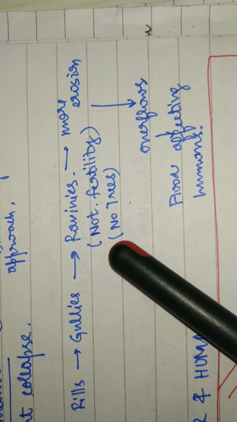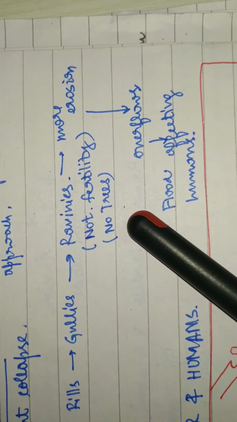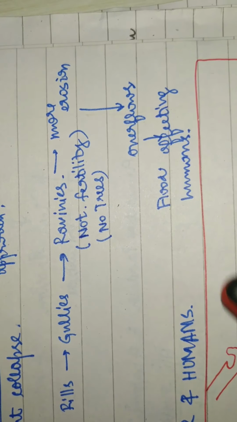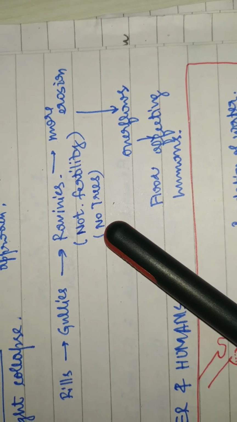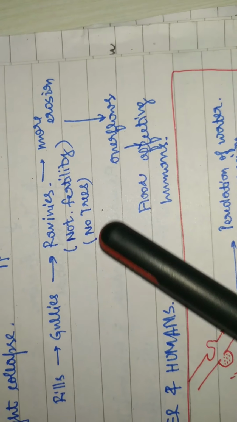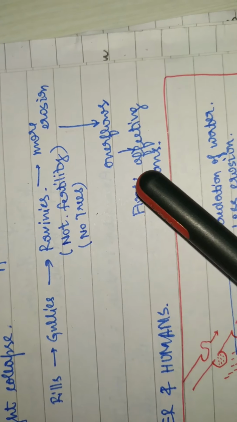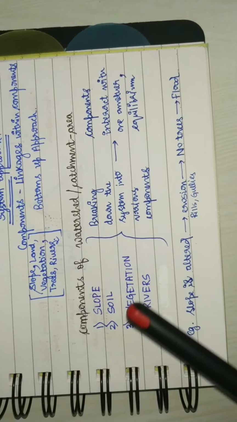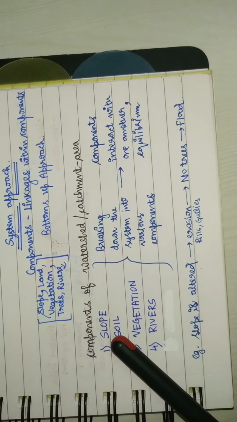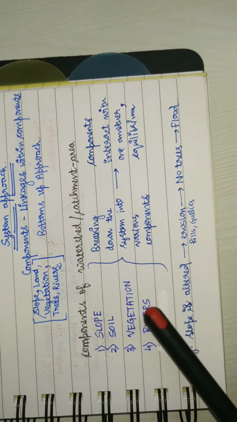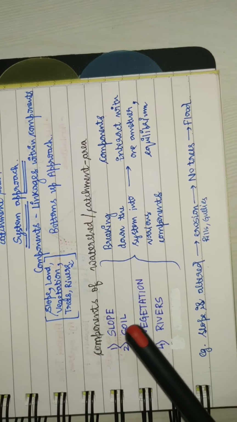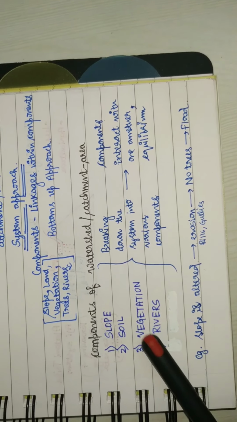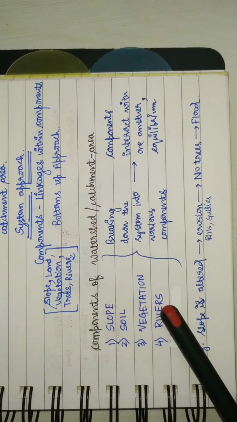And since we know that ravines are not good as far as fertility is concerned, there would be greater erosion, there would be no trees, and that would lead to overflow, that would lead to flash floods, affecting humans. Okay, so we saw how, if one of the components, slope, is altered, this would indirectly alter the soil type, it would directly alter the vegetation, and it would lead to the river overflowing, right?